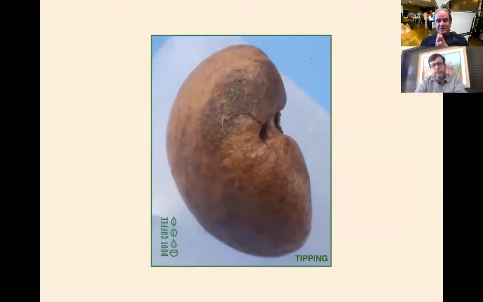This is a nice example of tipping. So here we are looking at the side of the bean, also where the embryo of the green bean would have been located. And so here you're looking at beans that for various reasons were rotating within the drum in such a way that the tips were touching the hot spots of the drum.